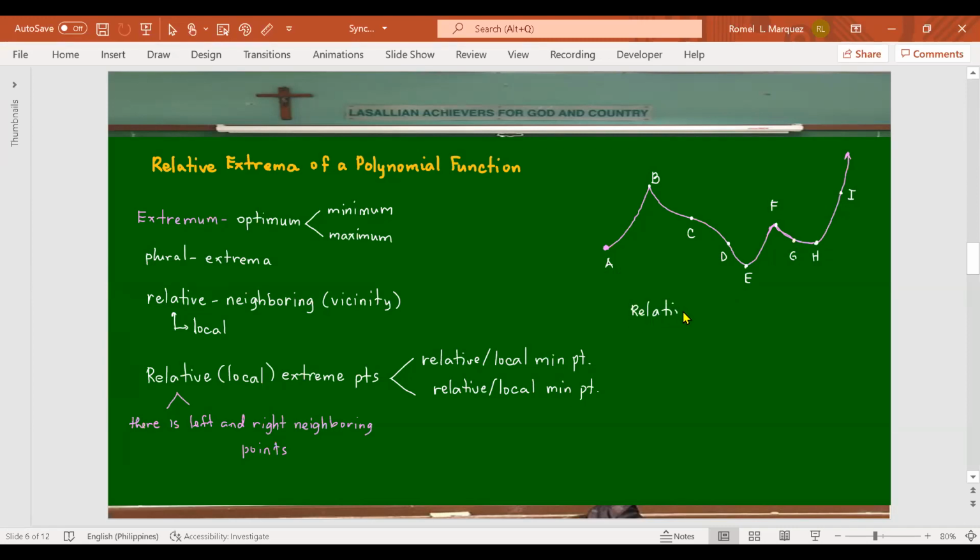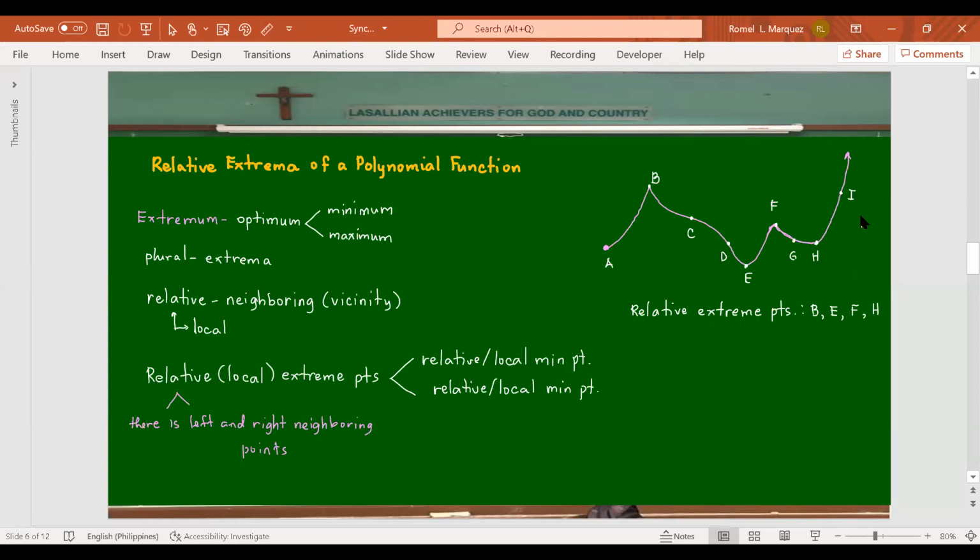B. So what are they? Point B, what else? Point E. E, F. F, I. H.